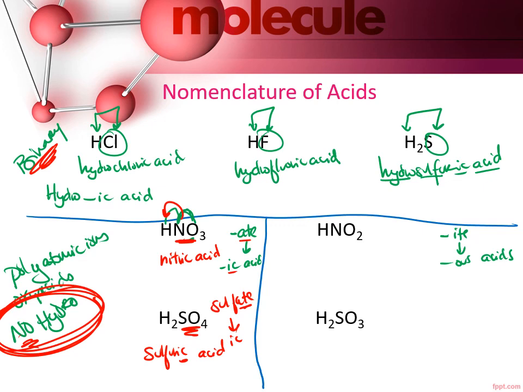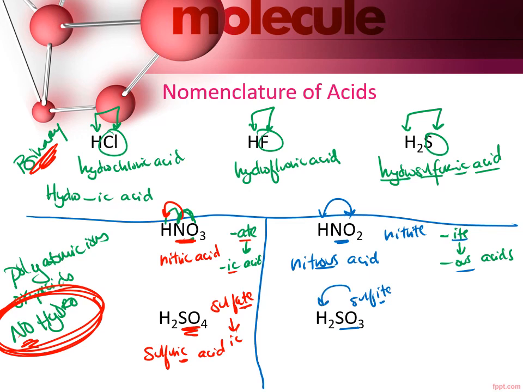All right, over on the other side, this is nitrite. Ite turns into ous. This is going to be nitrous acid because I put a hydrogen on an ite polyatomic ion. This is sulfite.